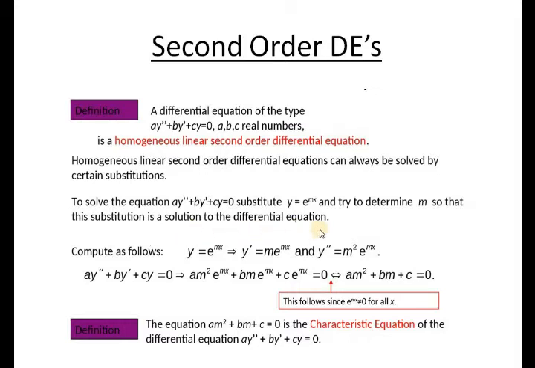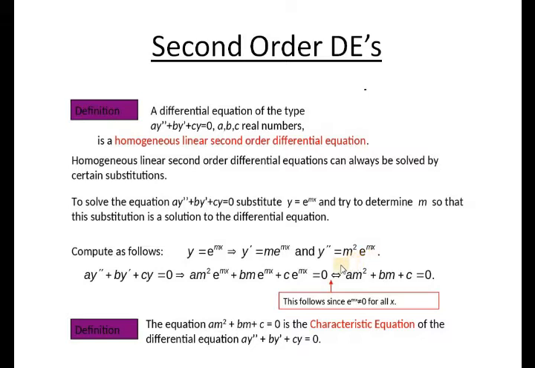differential equation. So, if we take y equal to e raised to mx, the first derivative y dash will be e raised to mx into m, and the second derivative y double dash equal to e raised to mx into m square.